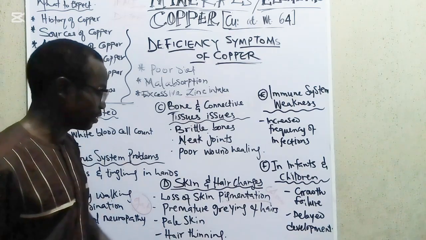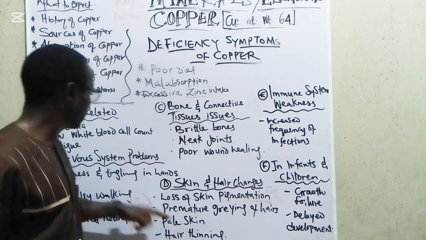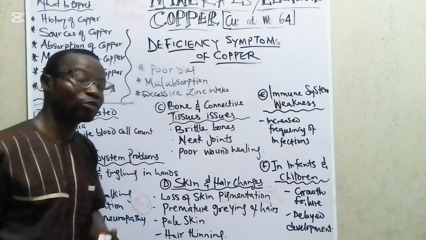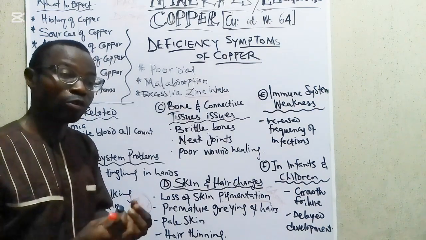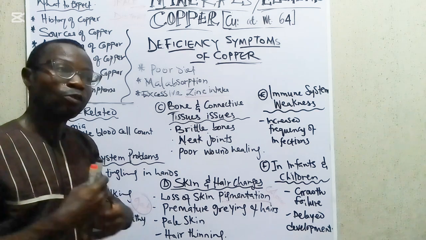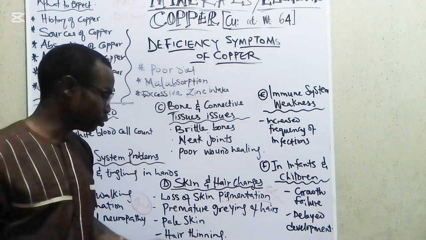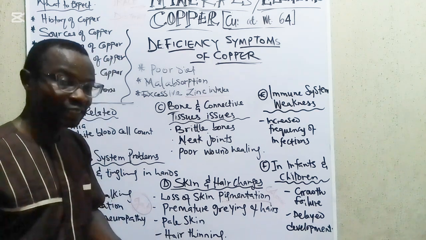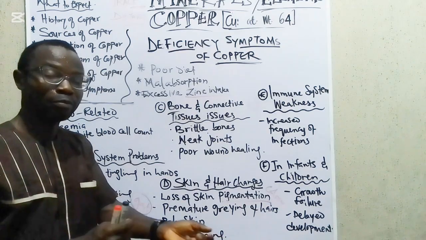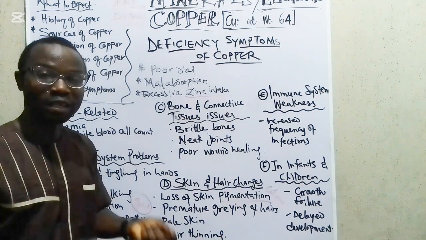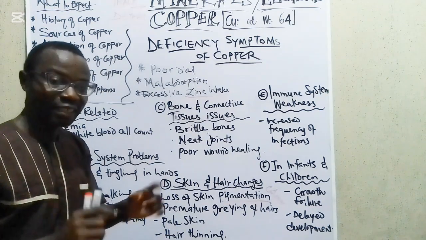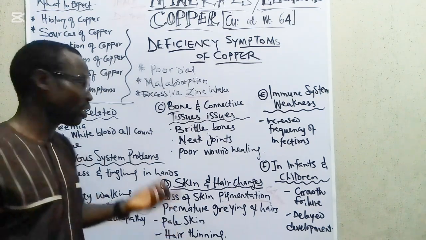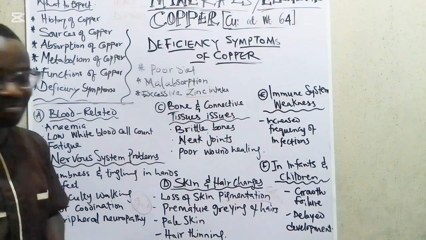Then you see pale skin, which has to do with this. Pale skin because of inability or deficiency, where the body is not able to produce enough melanin. The integrity of the skin is compromised. You now begin to see the skin being pale, like someone that is sickly or having anemia.